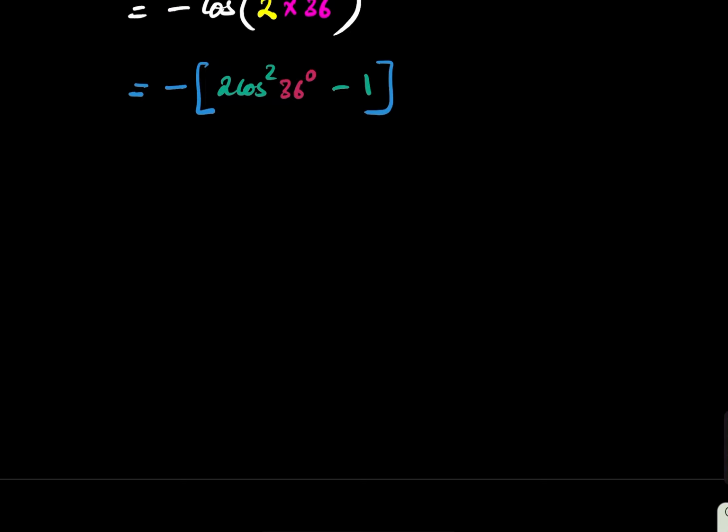And that is really going to give me a negative twice cos squared of 36, which is the same as cos 36 degrees all squared, and then minus 1 gives a positive, so that results in negative 2 times cos 36.